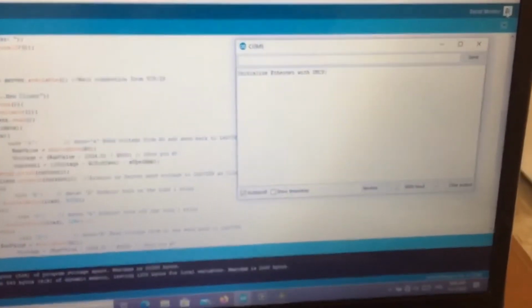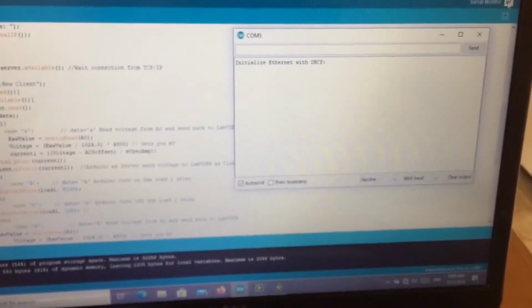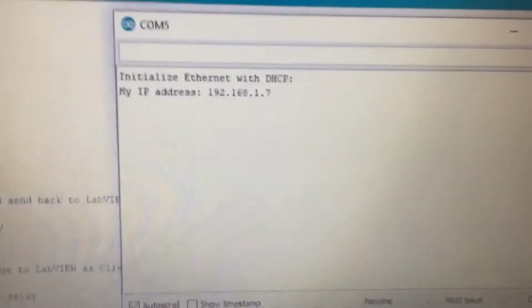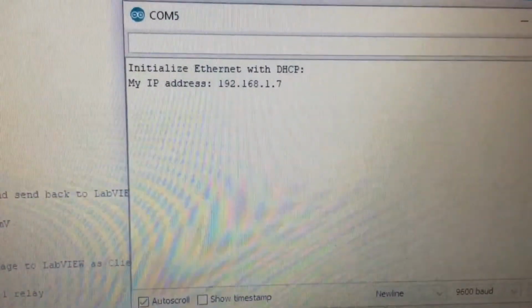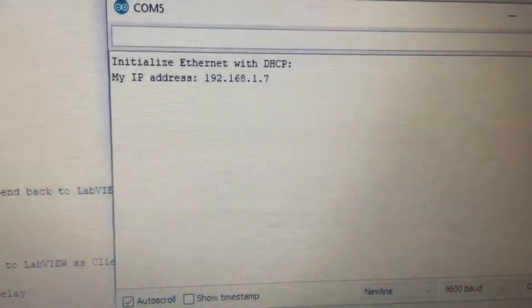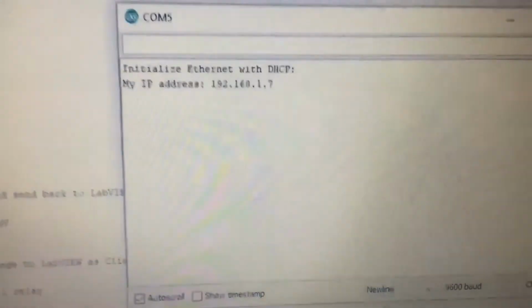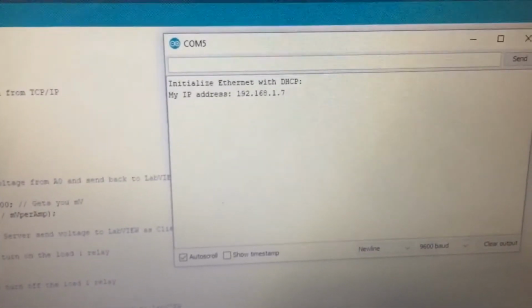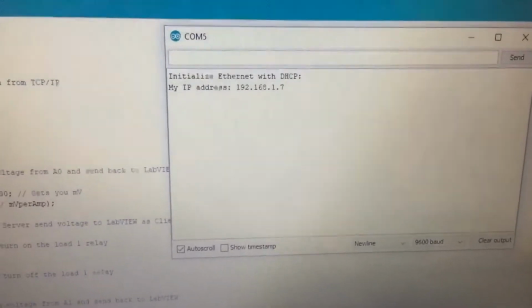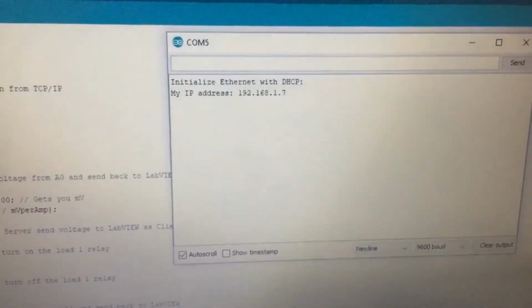We open the serial monitor. This is the serial monitor, and in just seconds, alright, it gave us the IP address. The IP address of the Arduino Ethernet is 192.168.1.7. We shall memorize this IP address and use it in the next step.